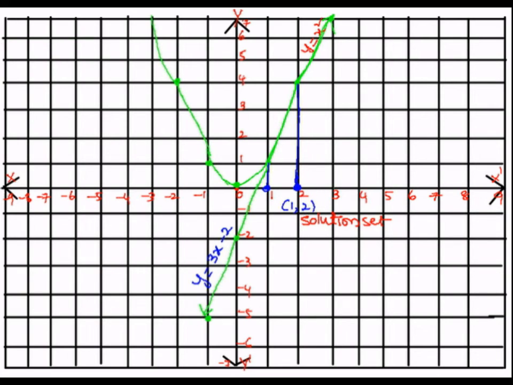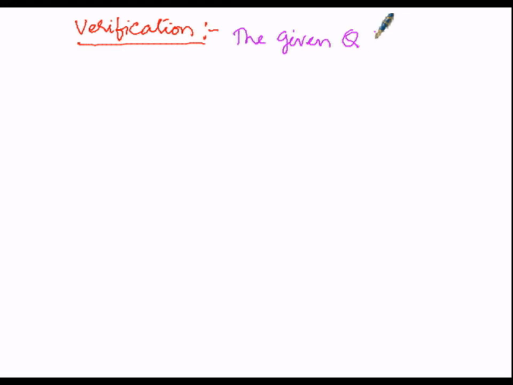So here the verification. The given quadratic equation is x square minus 3x plus 2 equals to 0.